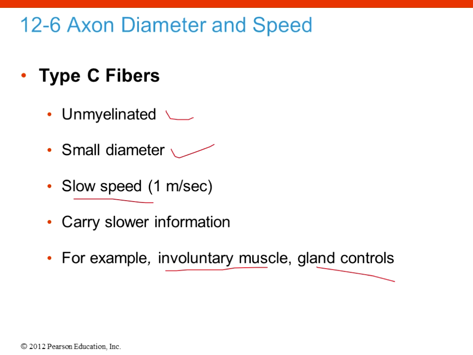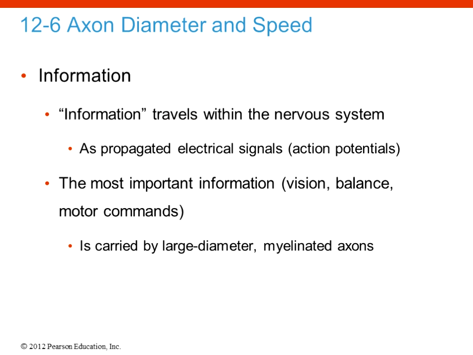Just as long as the impulse gets there. Same with smooth muscle, right? It's not essential that the impulse travel incredibly fast. So these are going to be unmyelinated, smaller diameter fibers, all right? So information travels within the nervous system as propagated electrical impulses or action potentials.